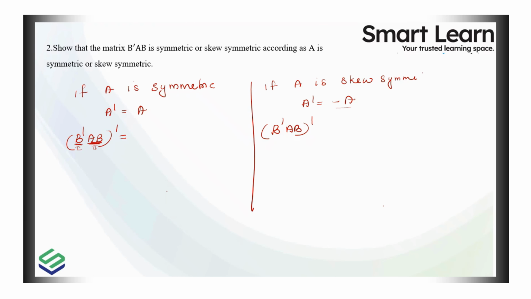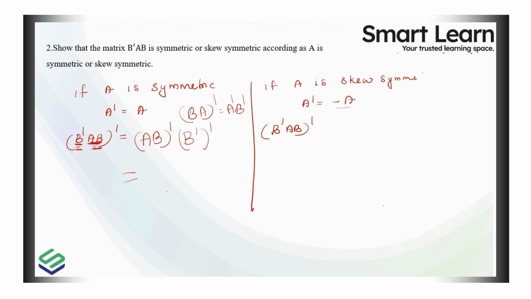So first we will take A is symmetric. A is symmetric means A transpose is equal to A, correct? So what is the transpose of B dash AB? It equals A transpose into B transpose. So here I am taking this as first, this as second. So you will write this as the transpose of B transpose AB, the whole transpose equals B transpose, the whole transpose.